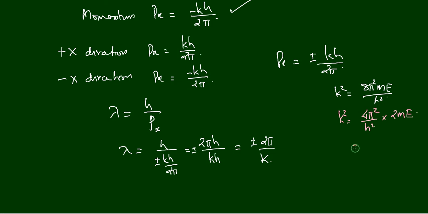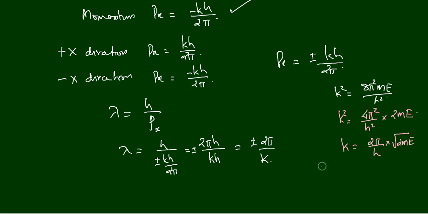So now I can write k is equal to root of this right hand side. So it is 2 pi by h into root of 2me, right?